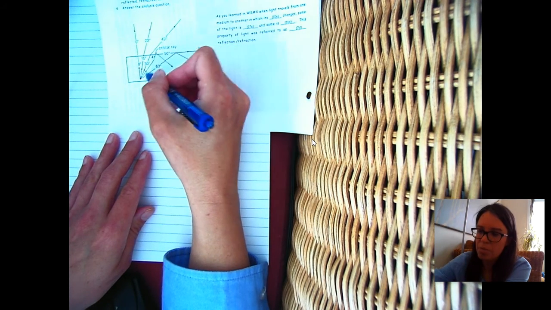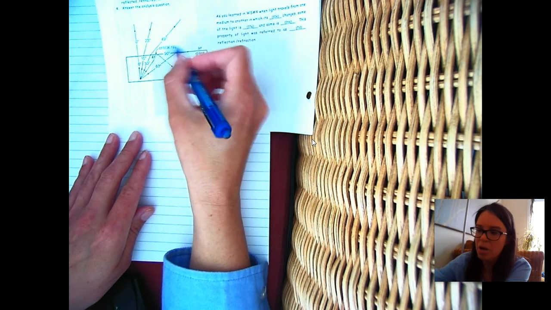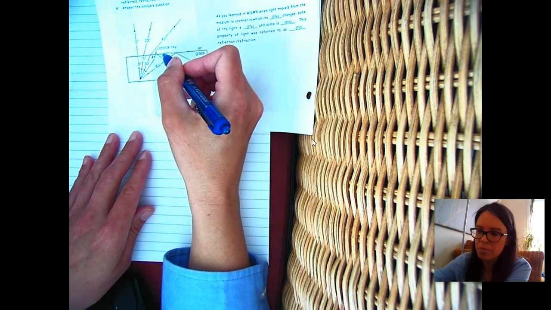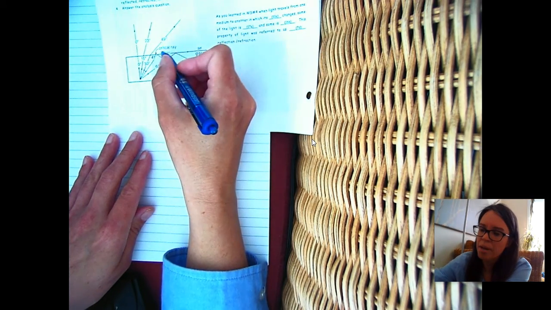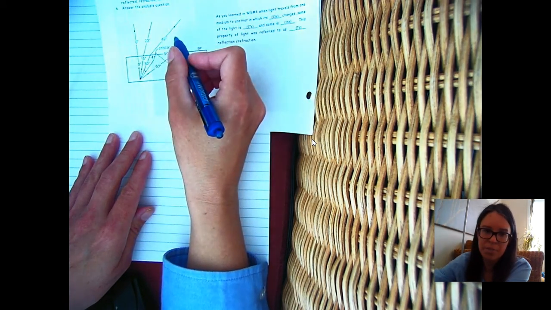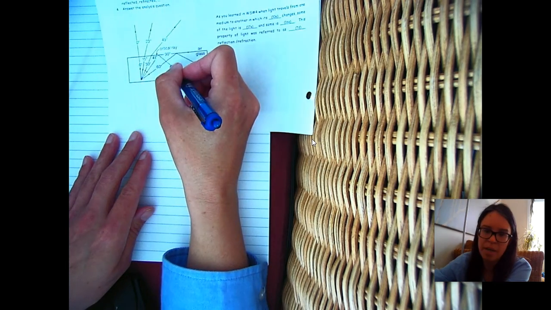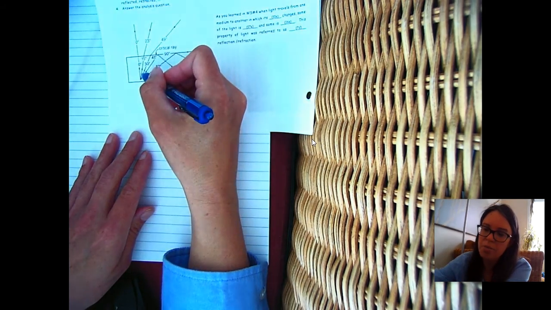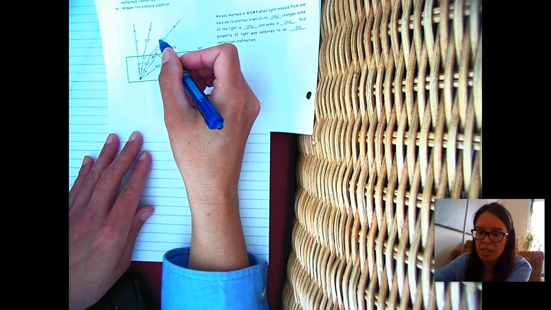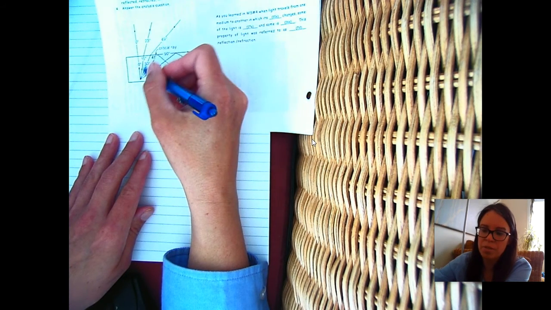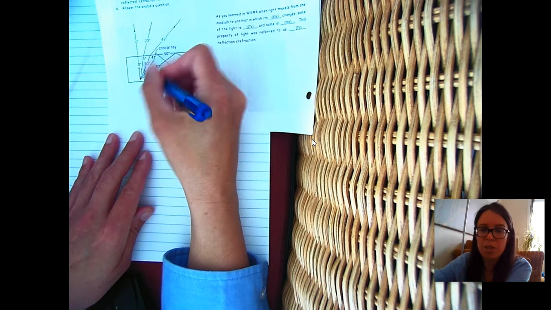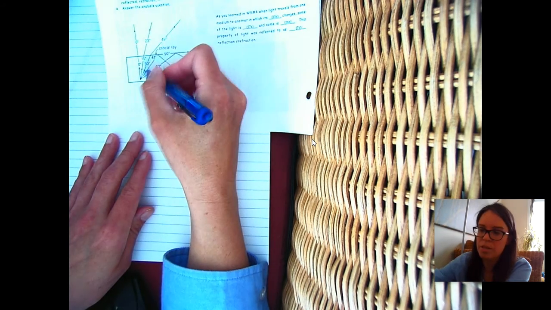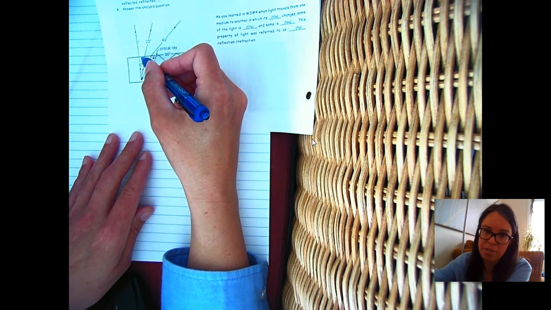Eventually, there becomes a point, which we call a critical angle, where the light ray won't escape into the next material and it gets reflected back. So we looked at examples of where the light ray went from one medium to the next and refracted. We looked at ones where there was partial reflection, so you had a bit of both. There was some refraction as well as some reflection.